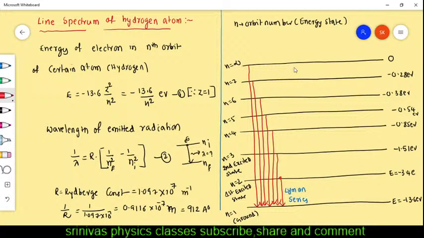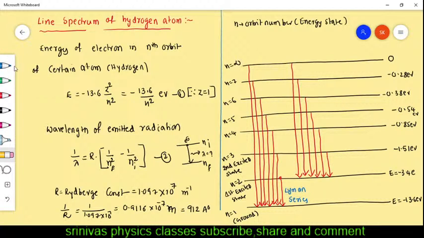For example, from infinite to second orbit, or seventh to second orbit, or sixth to second, fifth to second, fourth to second, third to second orbit. Like this transition occurs, and this will come under the Balmer series. This Balmer series transition should occur to the second orbit from outer orbits.